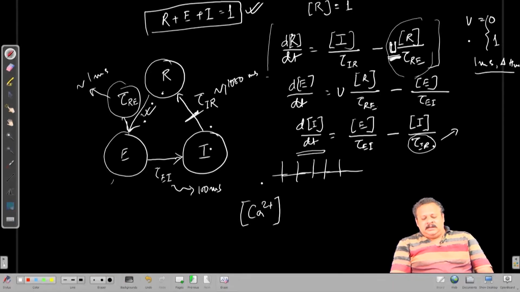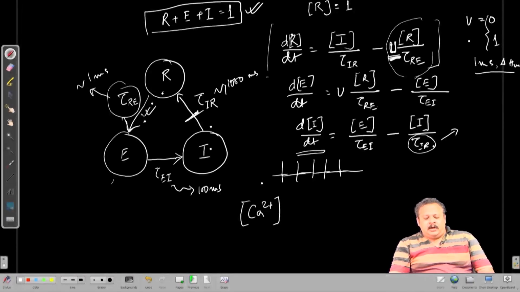So, this entire model can be further modified by qualifying that u and bringing in the calcium concentration explicitly, instead of making a 0-1 kind of transfer from recovery pool to the effective pool.